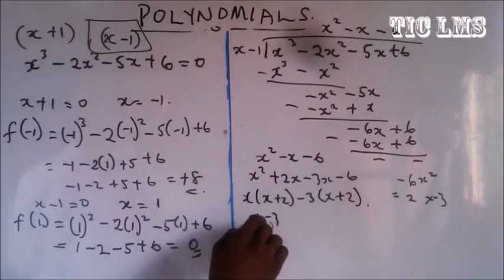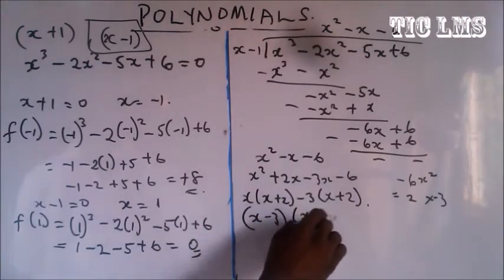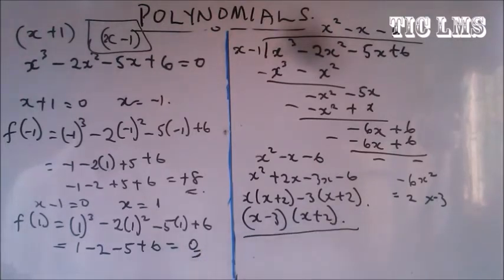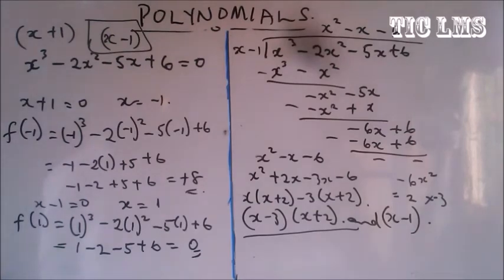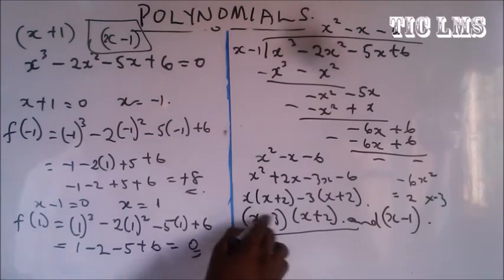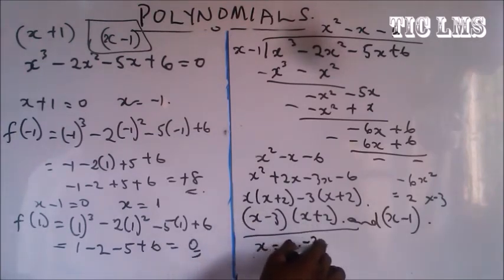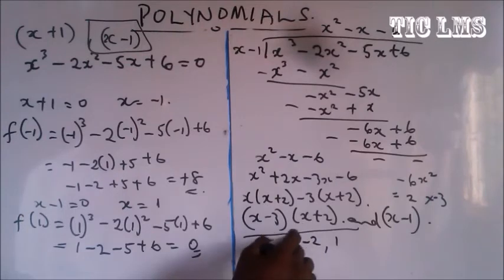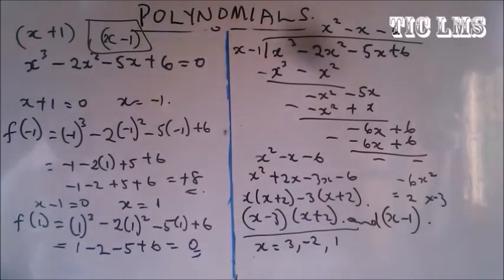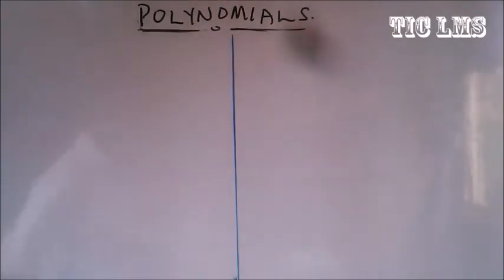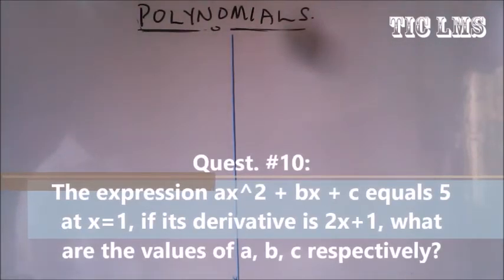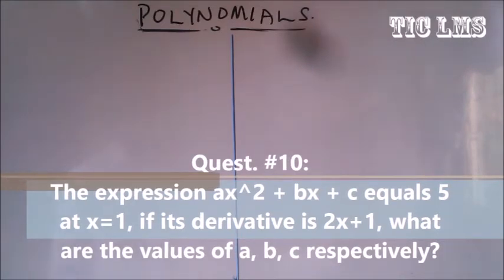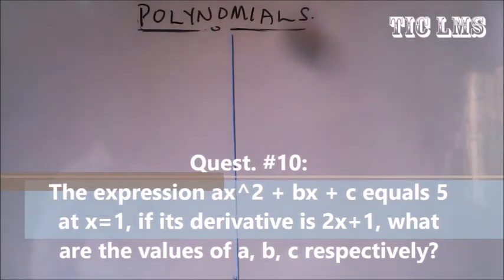So we have x minus 3 and x plus 2. So these are the remaining two factors, along with x minus 1. These are the three factors that we have to deal with. So you could write it as x equals 3, minus 2 and 1, where we equate all this to 0.